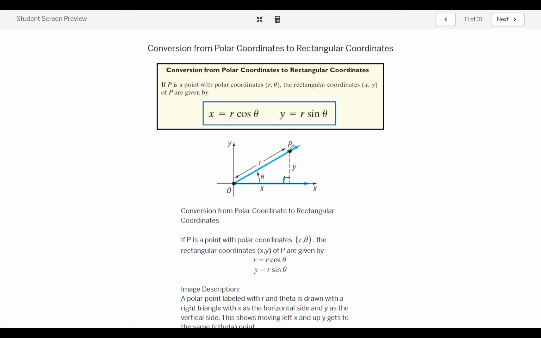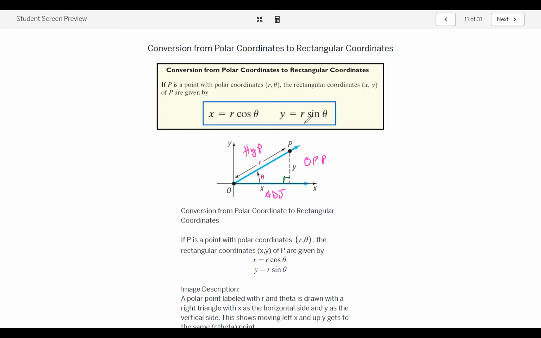So in that right triangle, my X distance is the horizontal, my Y distance is the vertical, and then my R distance is the diagonal. But that right triangle, when we have theta labeled at the origin, makes X the adjacent side, and Y the opposite side, and R the hypotenuse.